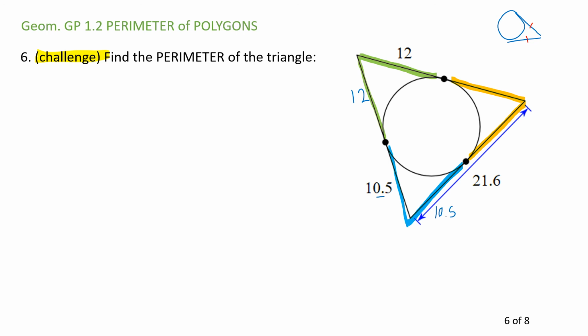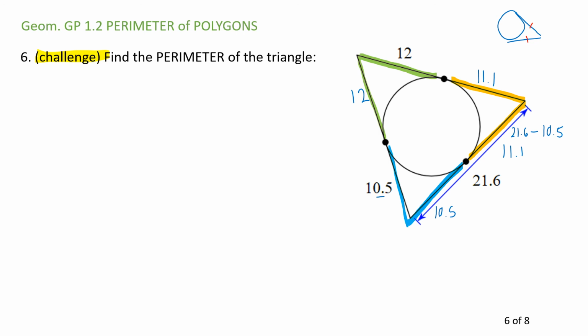But I don't know these orange ones, so the first thing I'm going to do is I'm going to say 21.6 minus the blue part, which is 10.5. And I've got 11.1. Well, if this one's 11.1, that means this one is 11.1.